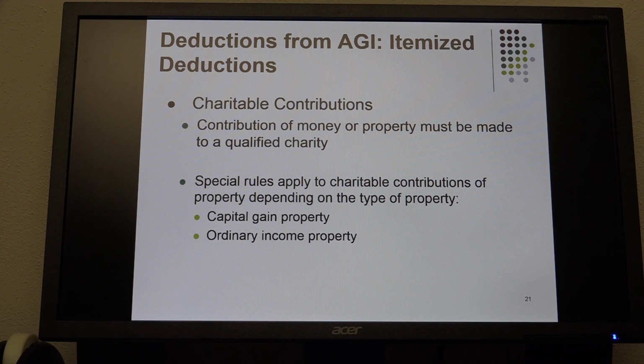If it's capital gain property or ordinary income property such as inventory, there are special rules and special limitations, as well as the type of charity you give it to. There's one set of limitations for public charities and private operating foundations, and then there's a separate rule for private non-operating foundations, such as the Bill and whatever her name is, Gates Foundation, which is considered a private non-operating foundation. It's not a public charity.